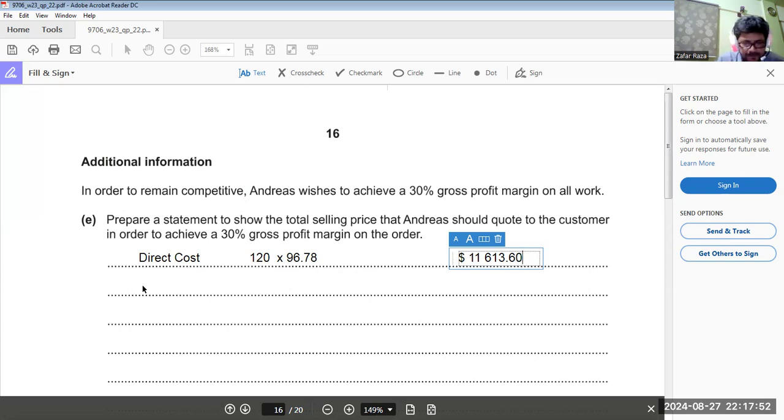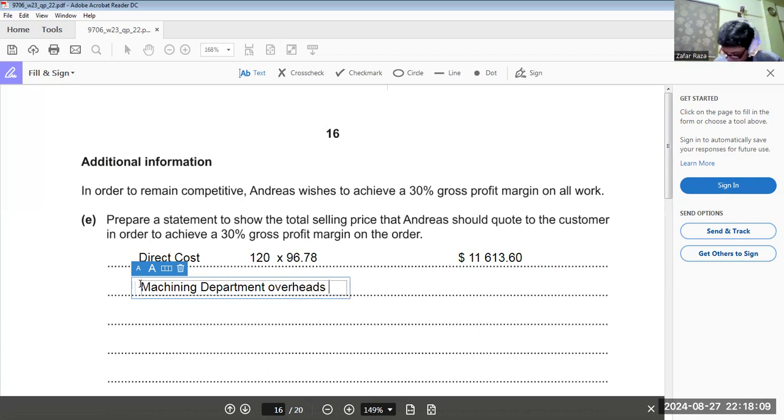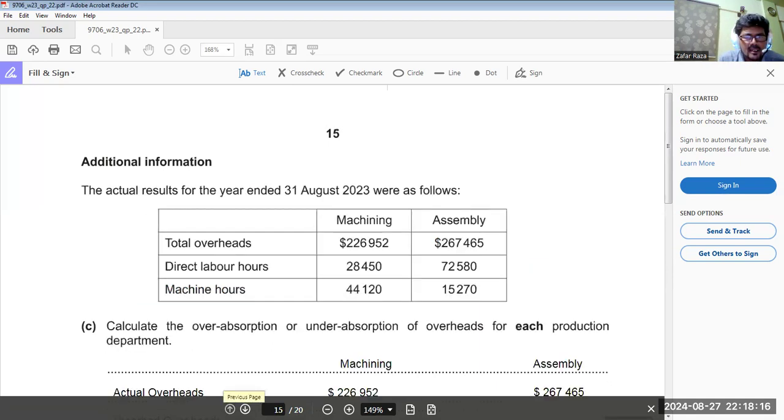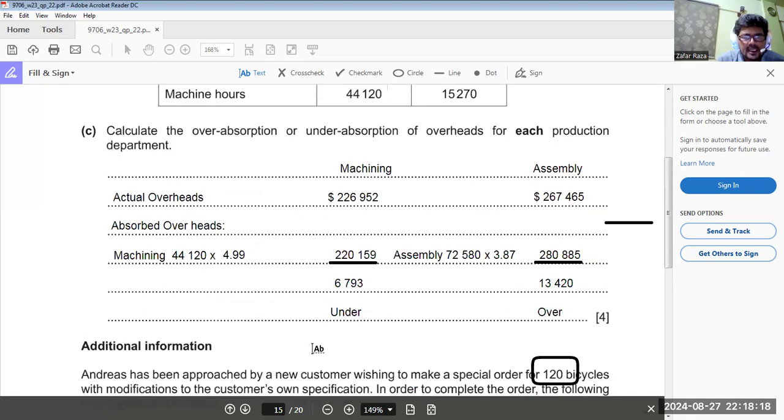Okay, now machine department. For it, the rate we have calculated. What was the rate?